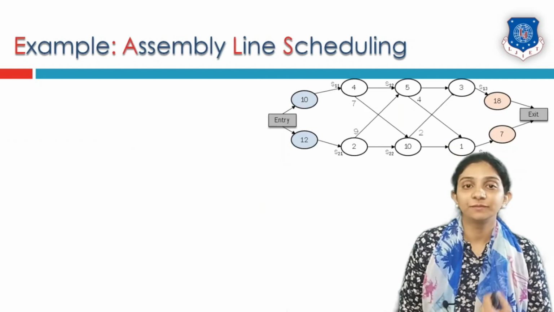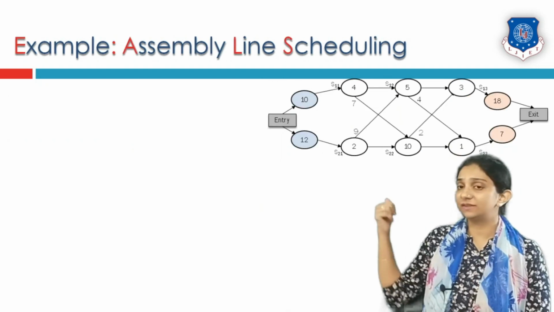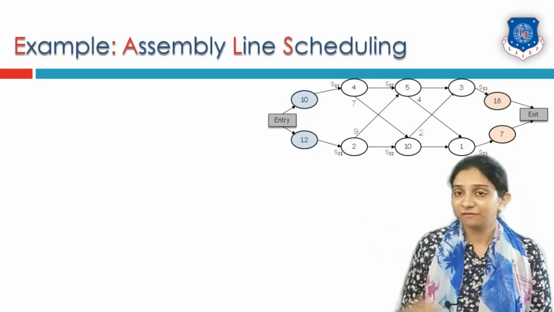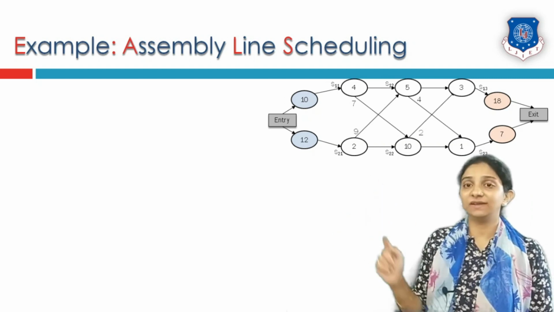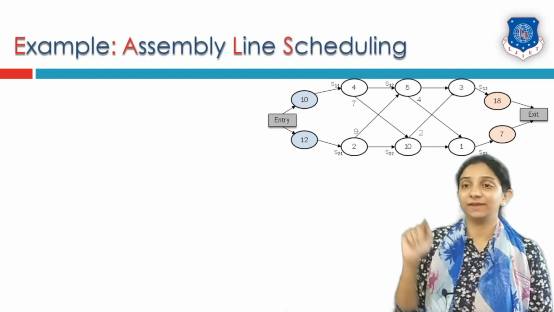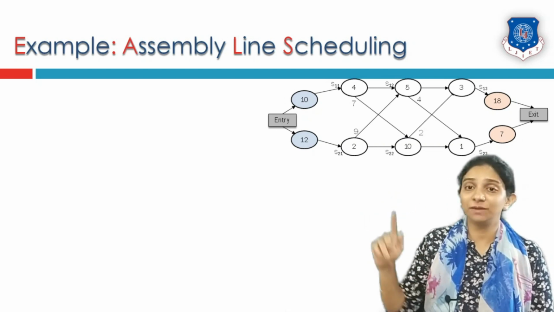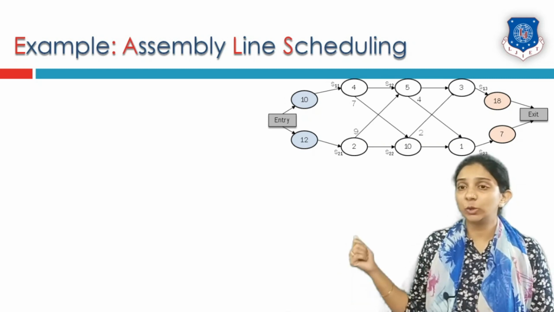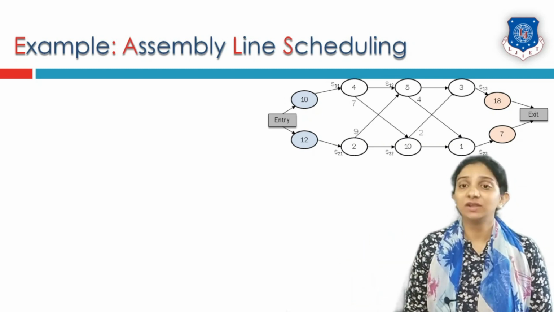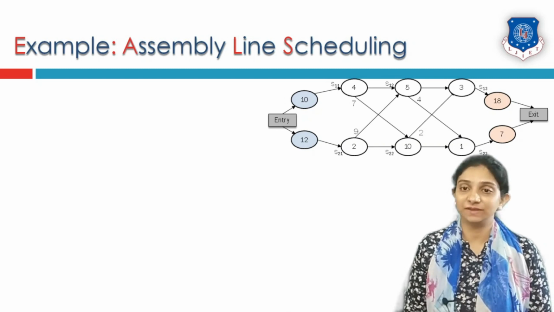For example, consider this assembly line where there is one entry and one exit. Entry 1 is 10 and exit 1 is 18, denoted by the blue and pink circles respectively. For line 2, the entry and exit values are 12 and 7 respectively.